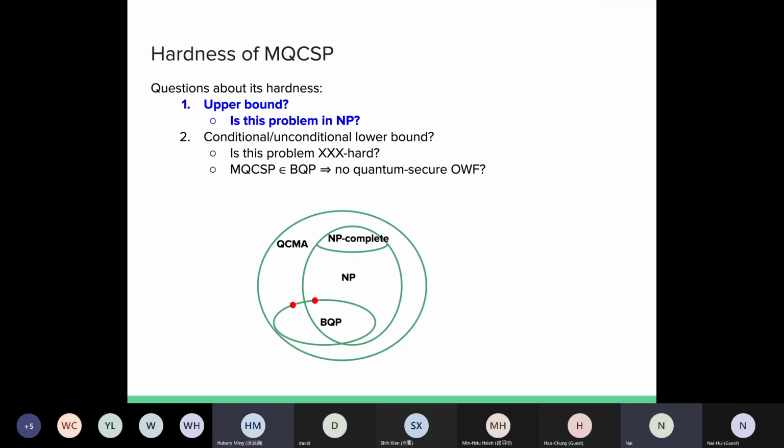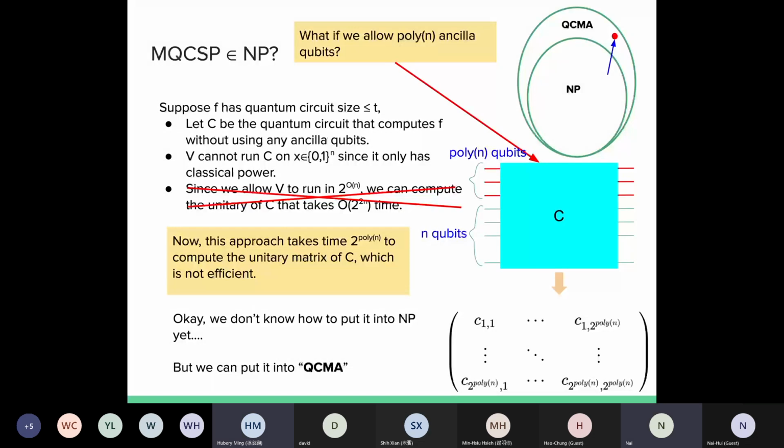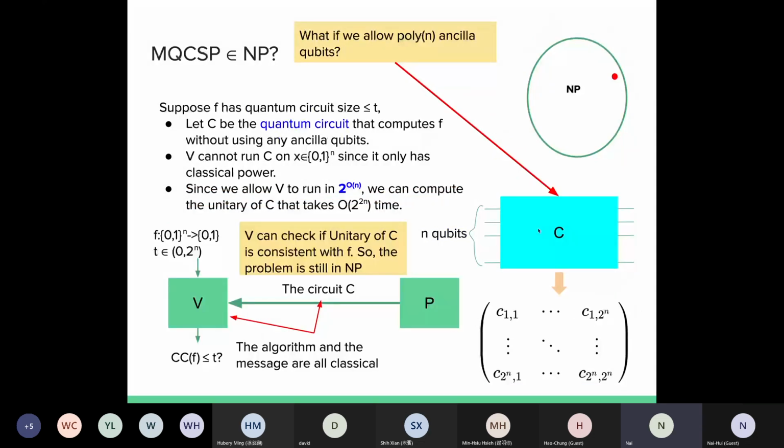Sorry, just a question: is there any intuitive way to understand why the ancilla qubits will change the class? Yeah, let me try to go through it again. The original approach is that when you just have n qubits, you can represent your circuit as a 2 to the n by 2 to the n unitary, right?